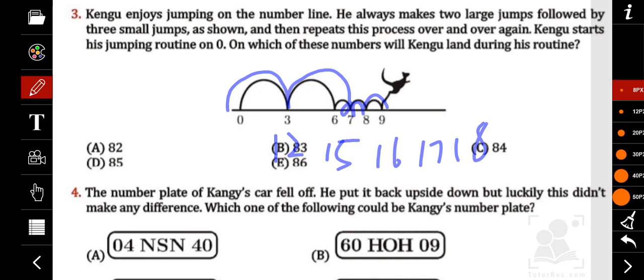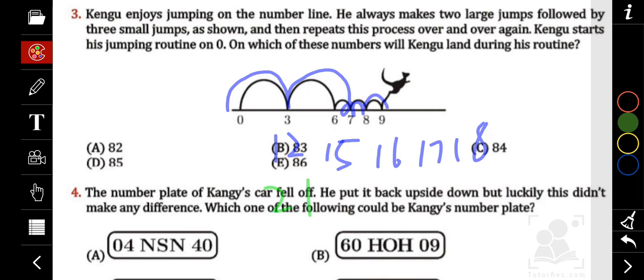After this again a jump of 3 that comprises 21, then 24, and then 25, 26, and 27.